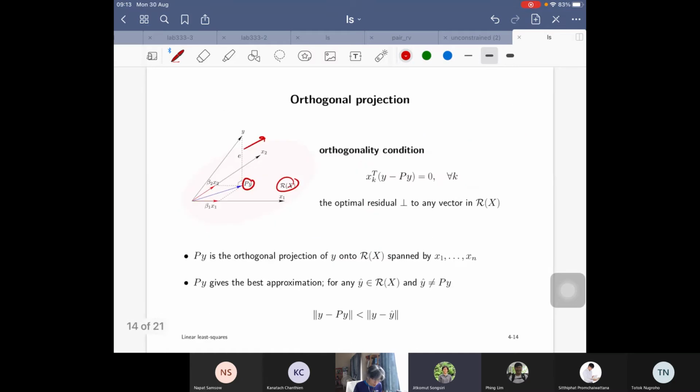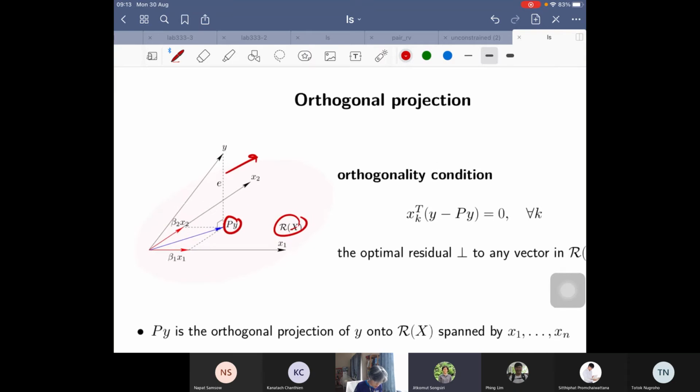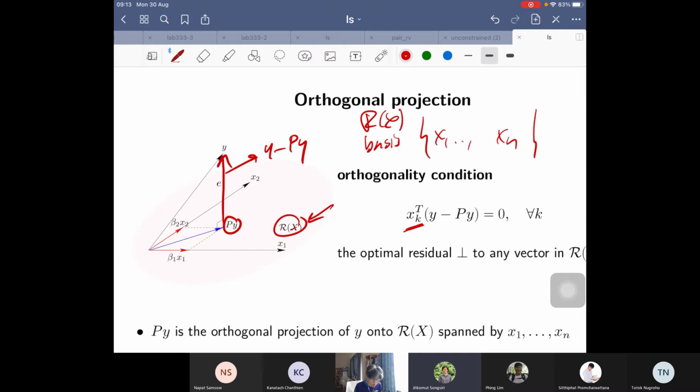Then orthogonal projection says that whenever you have a subspace of interest that you're going to project into, you have a projected vector, and the error, which is y minus py, must be orthogonal to all the vectors in Rx. Because the basis set of the range of x is the columns in x, it means that xk must be orthogonal to the error for all k.